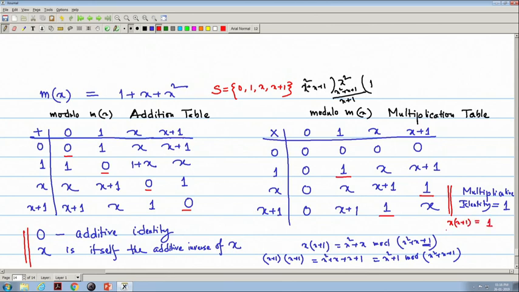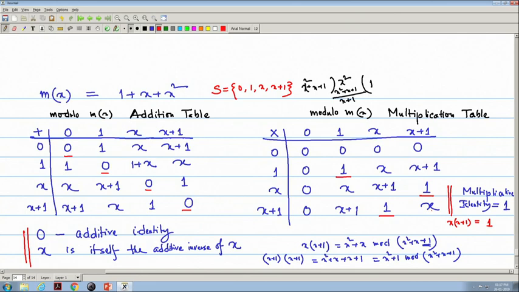So, multiplicative inverse of x is x plus 1, or the reverse, multiplicative inverse of x plus 1 is x, and for 1 it is 1 only. So, what we see is that the inverse exists. So, that means it will form a field.